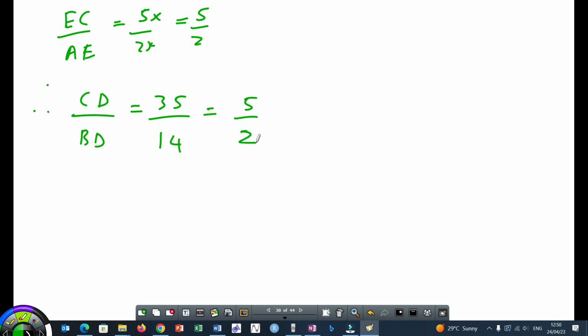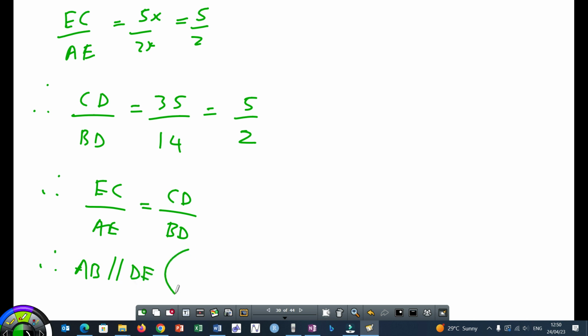2. Now then from here I can say therefore EC over AE is equal to CD over BD. Therefore AB. So those two ratios are equivalent. Therefore AB is parallel to DE.